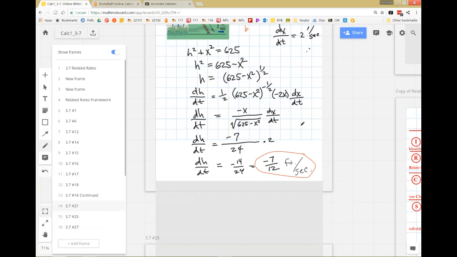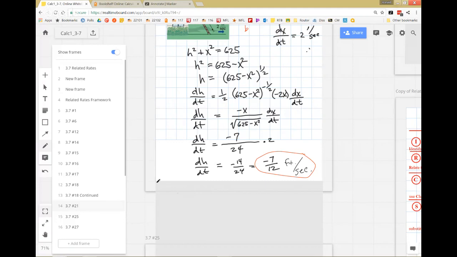The top of the ladder is moving at what? A little bit over 1/2 foot per second. And the reason it's negative is because it's moving downward. That's the only reason. So this thing is moving downward, and that's the reason for the negative dH/dt.